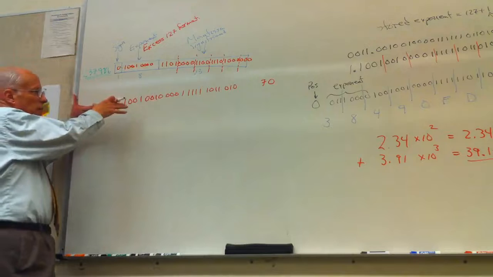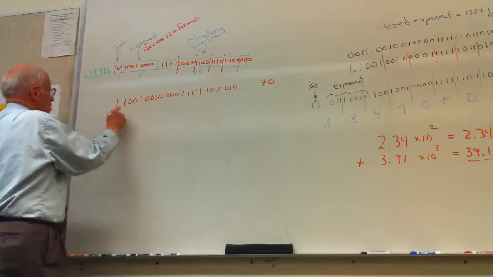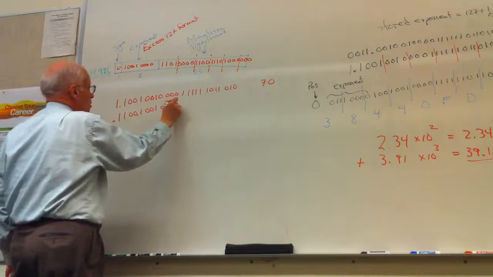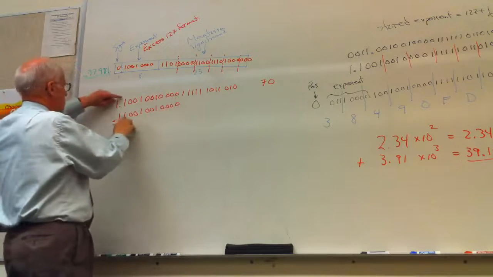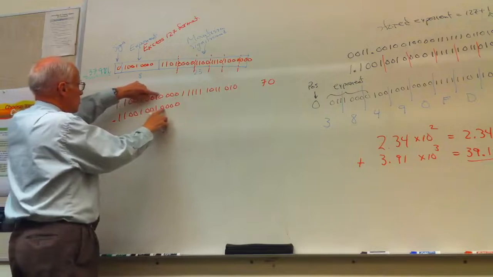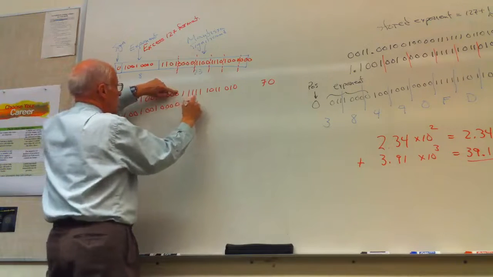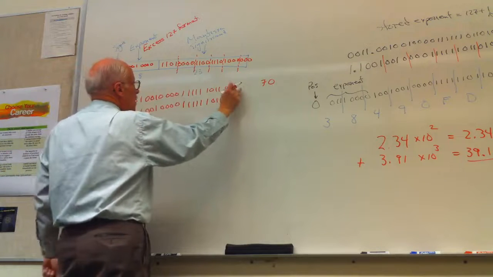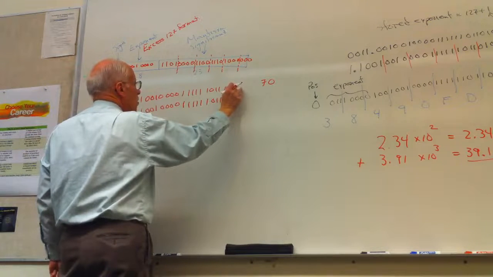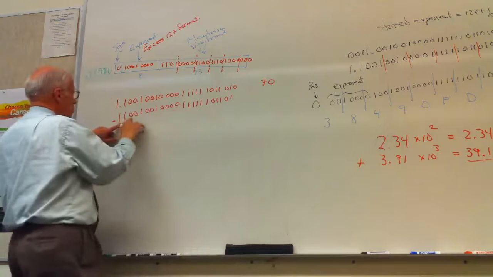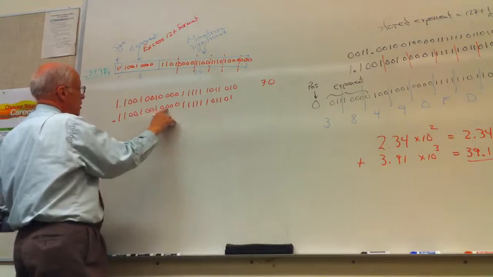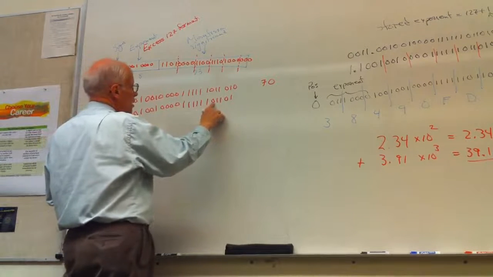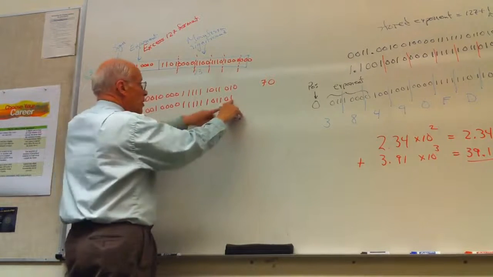If I shift everything to the right 1 place, that's just going to disappear now. 1, 2, 3, 4, 5, 6, 7, 8, 9, 10, 11, 12, 13, 14, 15, 16, 18, 19, 20, 21, 22, 23.